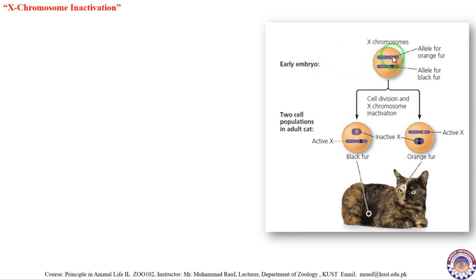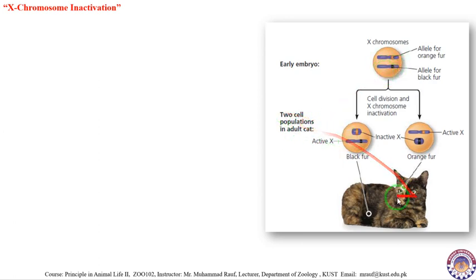In the early embryonic stages, one of those X chromosomes will be inactivated, and it will stay inactivated in all the descendants of that cell, and the decision to inactivate a particular chromosome will be random and independent. In some cells, this particular chromosome will be inactivated. In other cells, this particular chromosome will be inactivated.